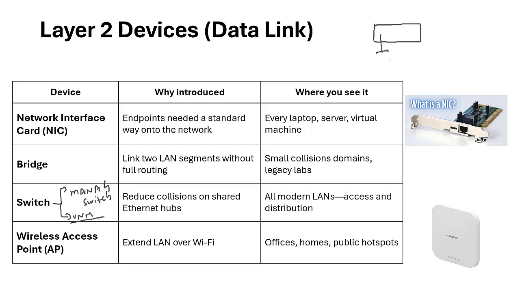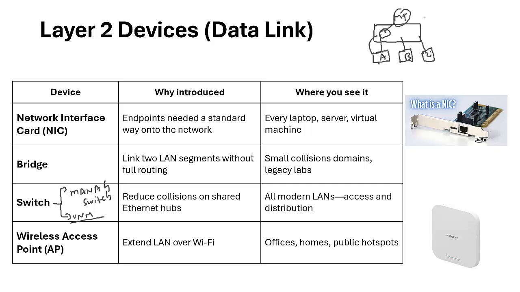So we have system A, system B, and system C. What we learned in the past, in the case of a hub, is that if A wants to send data to C, the hub will send it to B also. But in the case of a switch, if A wants to send data to C only, we send the data to the switch. The switch will check the destination MAC address, because the physical address of a LAN card is called a MAC address, and it will check in its memory table.